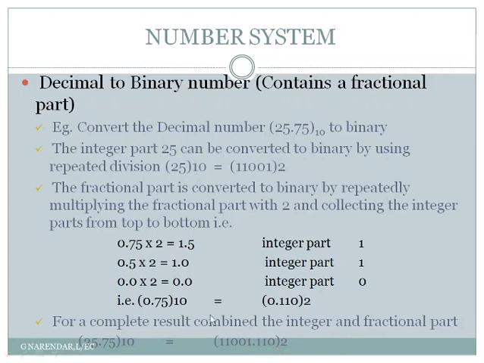This becomes 11001.110, the binary equivalent of the given decimal number 25.75, and this is how we convert a given decimal number to its equivalent binary number.